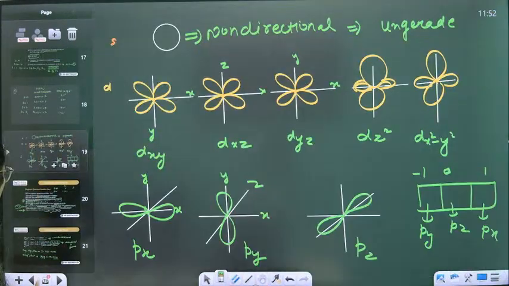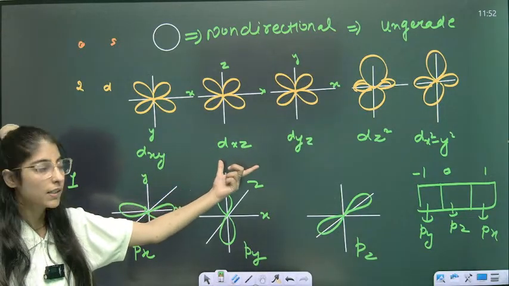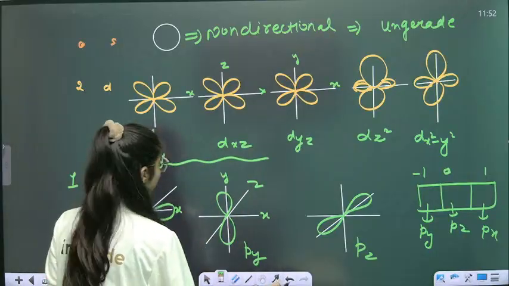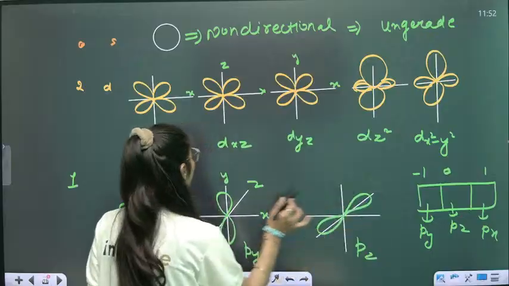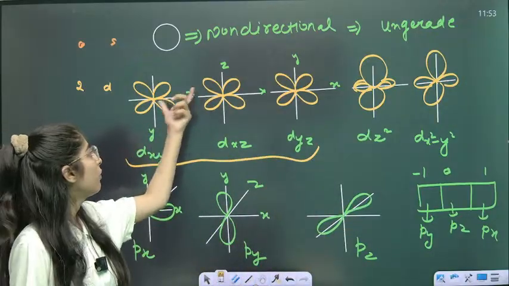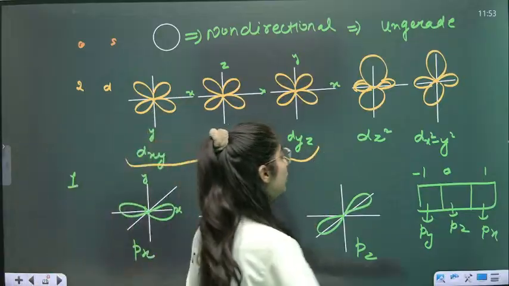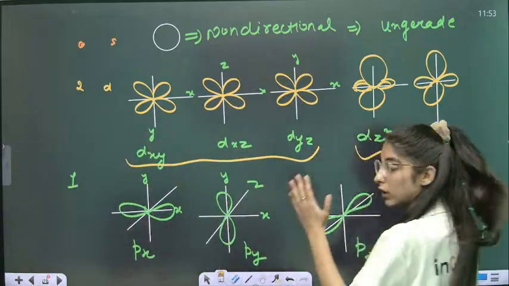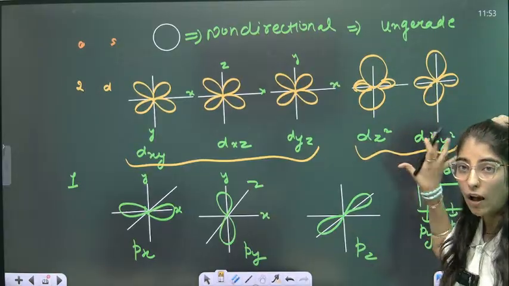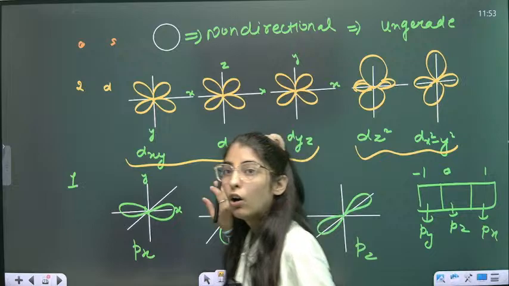You can see the shapes here. This is your dxy, this is xz, and this is your dyz. So these three are lying between two axes, and you can see here these two are lying on the axes. So these are the points that you have to keep in your mind.